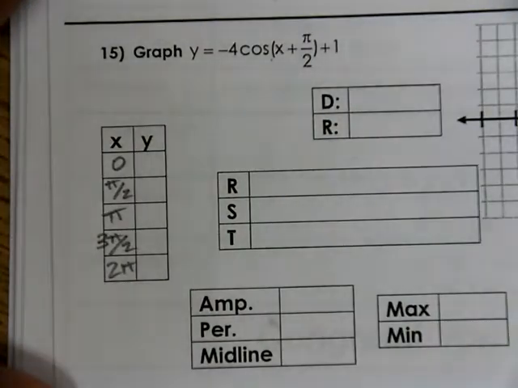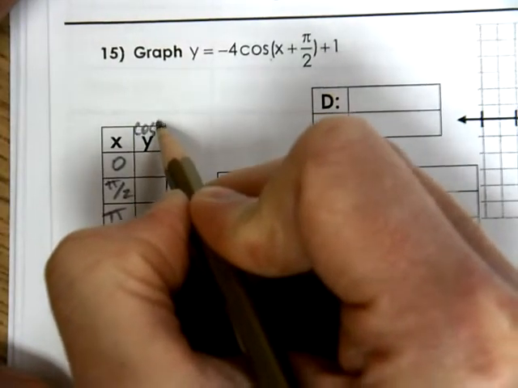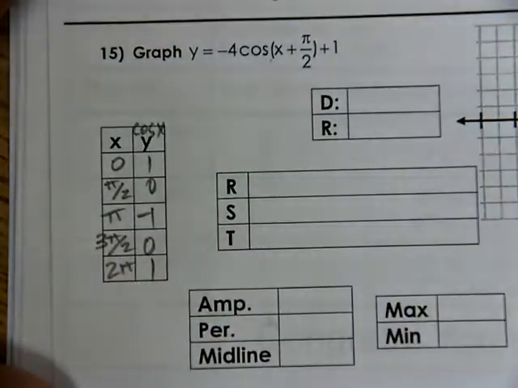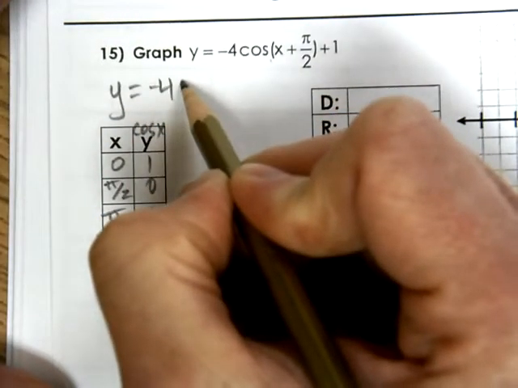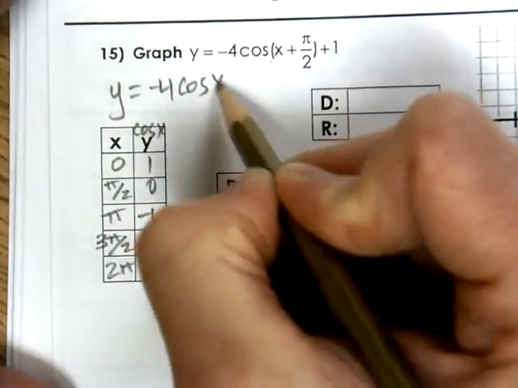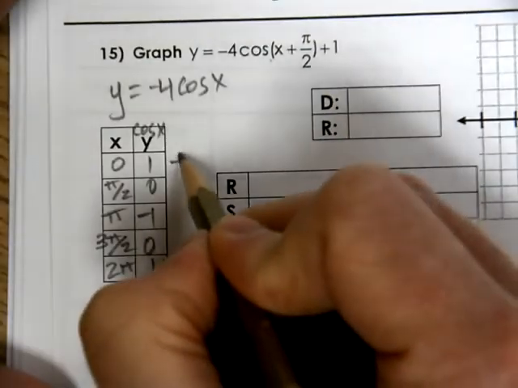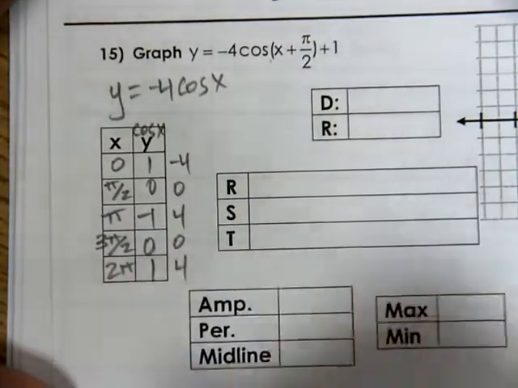That makes that nice. So we'll be able to do the cosine of x, which is 1, 0, negative 1, 0, and 1. And then we'll do our translation of negative 4 cosine of x. So we multiply all of these by a negative 4.